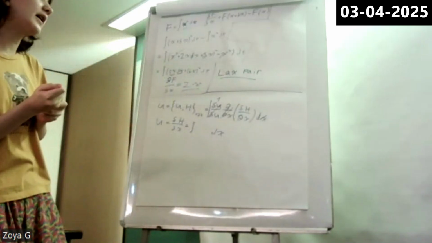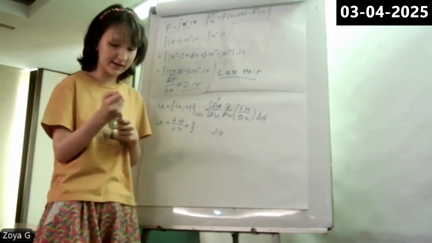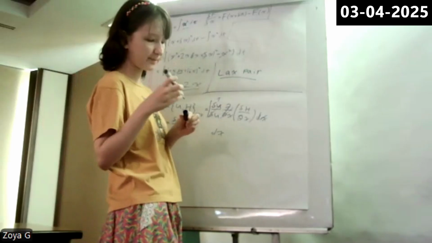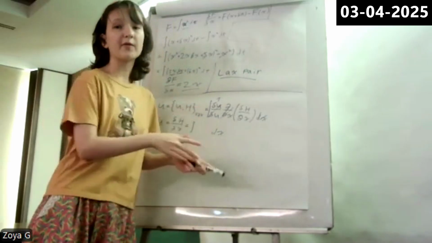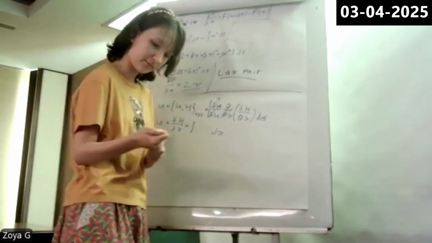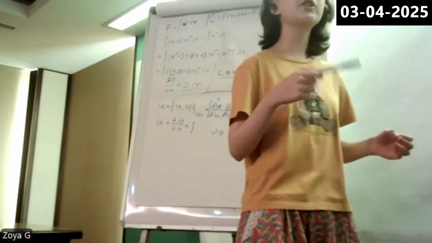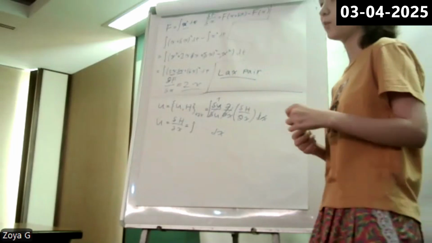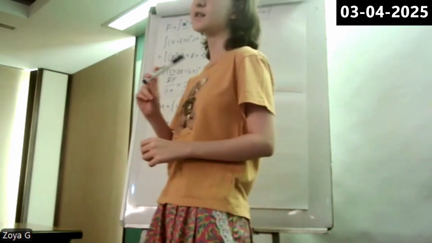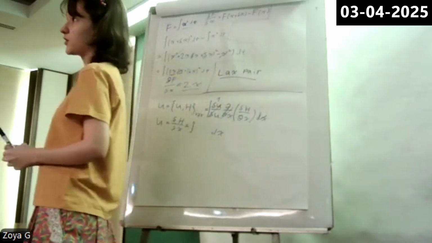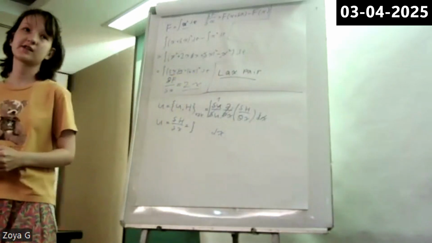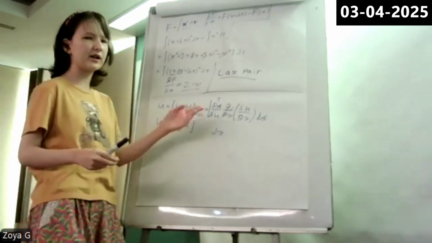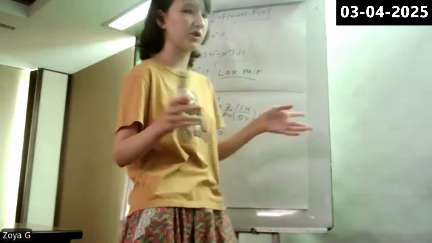Now, what a Lax pair is, it is a pair of operator variables such that under the Poisson bracket, which is chosen for the system, because I don't think it's particularly canonical, it's just chosen.